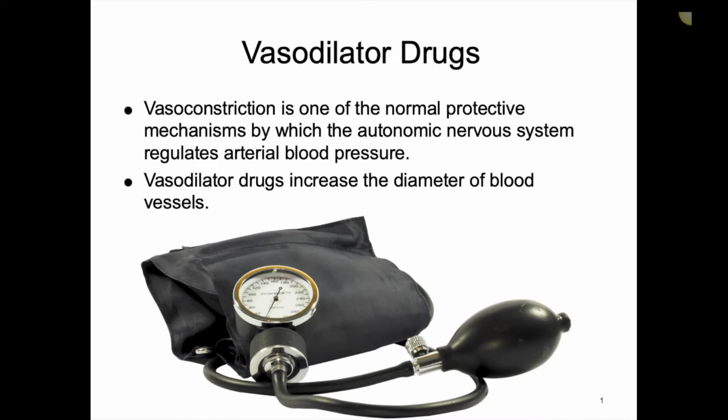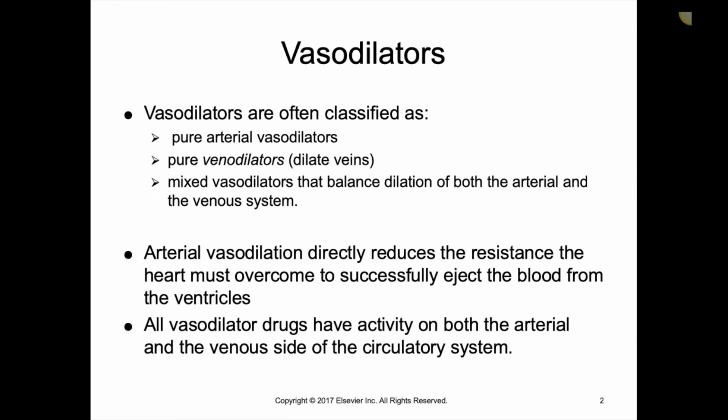Okay, moving on to vasodilator drugs. Vasoconstriction is one of the normal protective mechanisms by which the autonomic nervous system regulates arterial blood pressure. Vasodilator drugs increase the diameter of blood vessels.